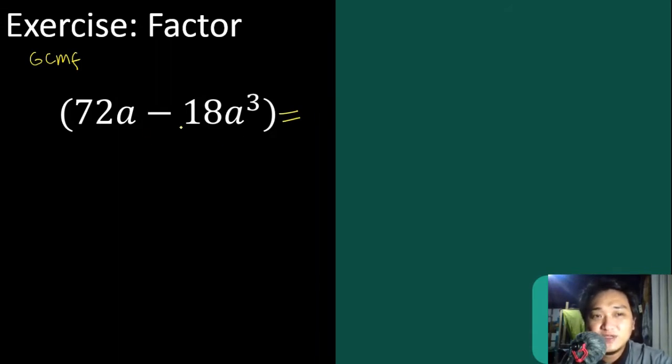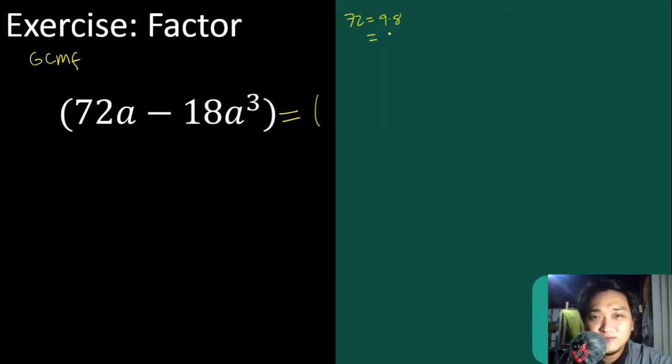So, 72a minus 18a cubed is the same as, factor natin si 72. Yung factor ni 72, that is 9 times 8. 9, 18, 27, 36, 45, 54, 63, 72, diba? Now, we factor this further.